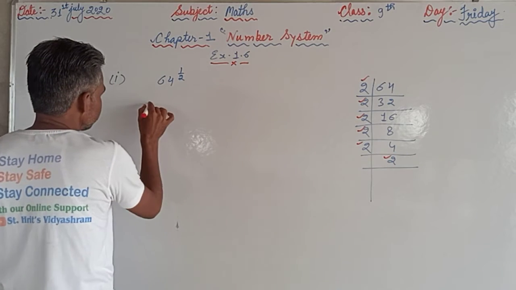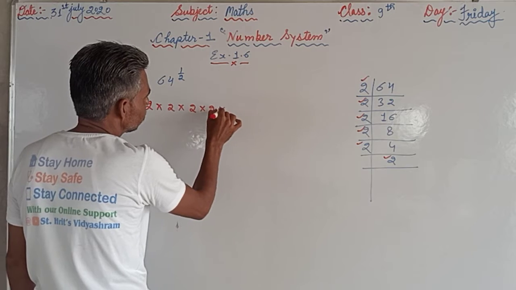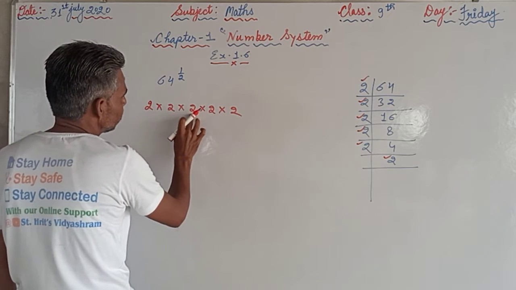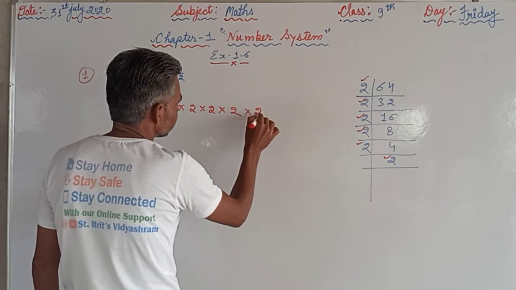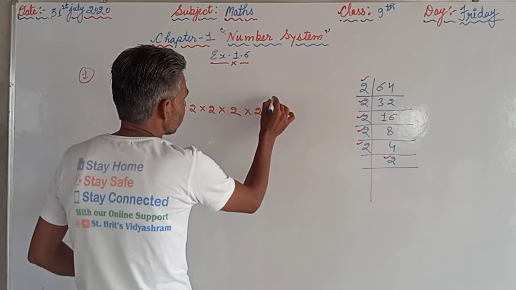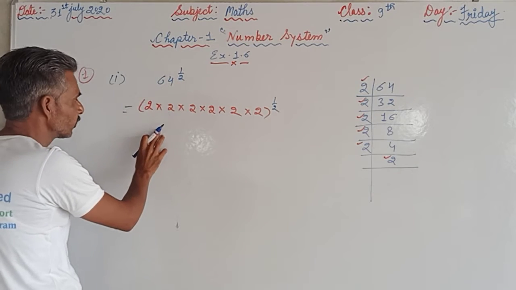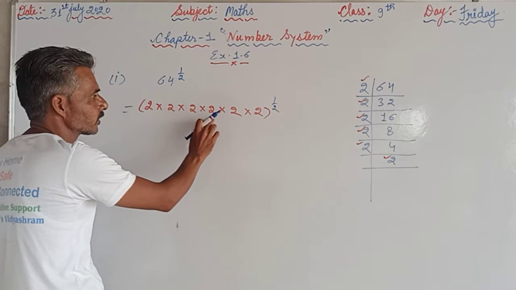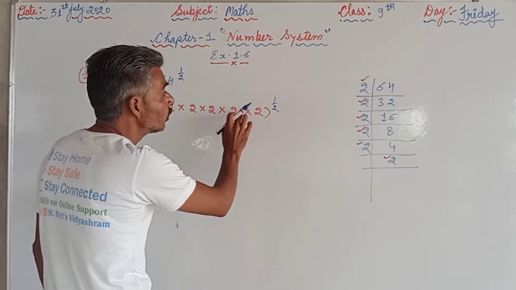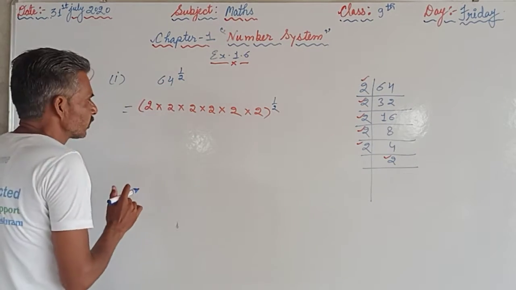So we will write like this: 2 into 2 into 2 into 2 into 2 into 2, six times, raised to power 1 upon 2. Because 64 we can write like this: 2 2s are 4, 4 2s are 8, 8 2s are 16, 16 2s are 32, 32 2s are 64, means we have not changed the value of 64.